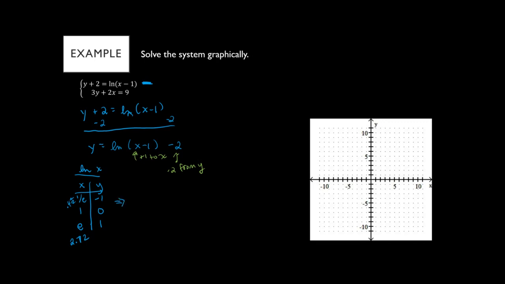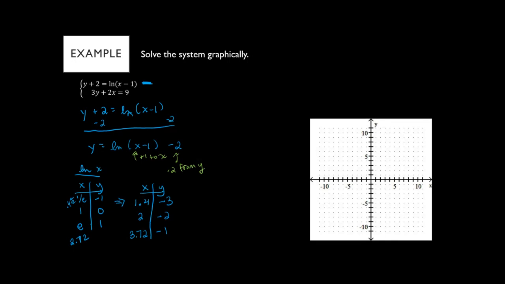So if I was to graph this by hand using transformations, I'm going to add 1 to all my x values. So this is going to be about 1.4, 2, and then 3.72. And then subtracting 2 from my y values. So that's -3, -2, and -1.